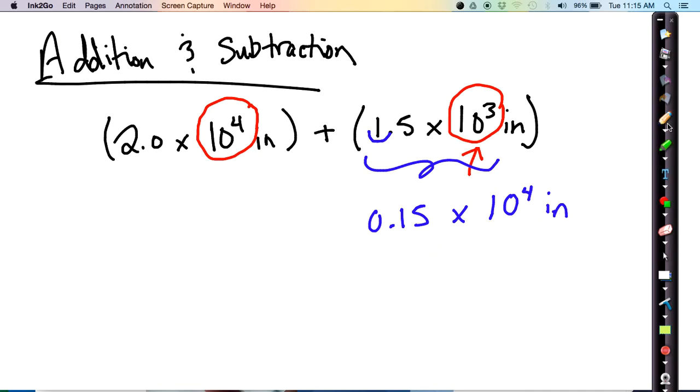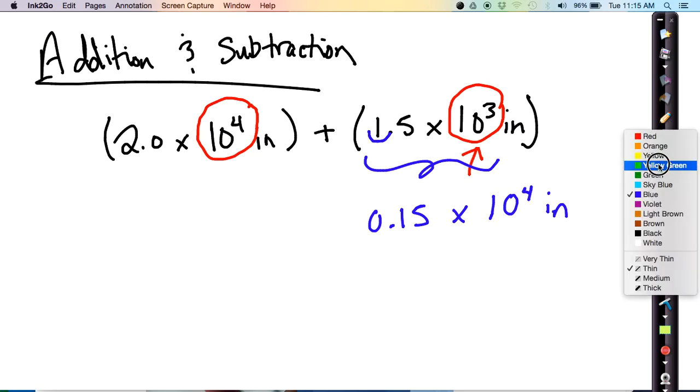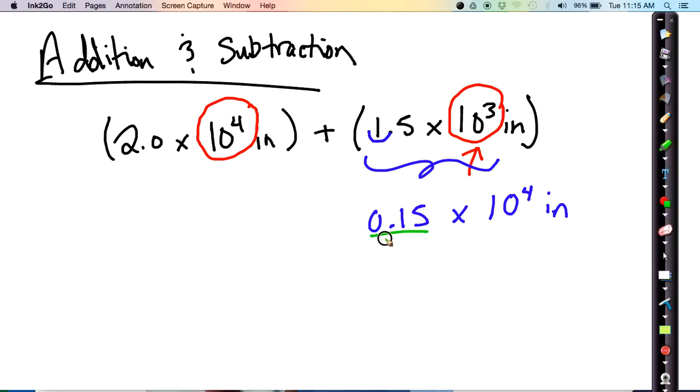Now, you might look at this number and say, hang on a second, isn't my coefficient supposed to be a value that's greater than or equal to 1 and less than 10? And the answer is yes. Proper scientific notation expresses the coefficient as a number between 1 and 10. But when we're doing these types of addition and subtraction problems, it's okay that we temporarily violate this rule, because this isn't our final answer.